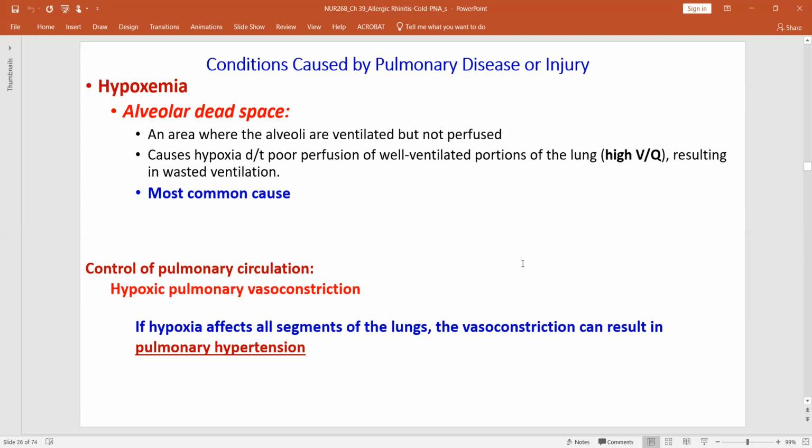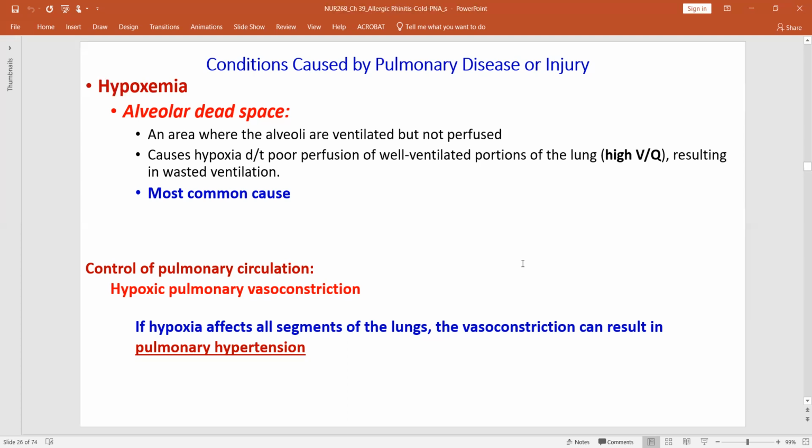So when an area of the lung becomes hypoxic, the blood vessels supplying that area constrict, so that blood can be sent to a part of the lung where there is more oxygen. This is the opposite of what would happen elsewhere in the body.